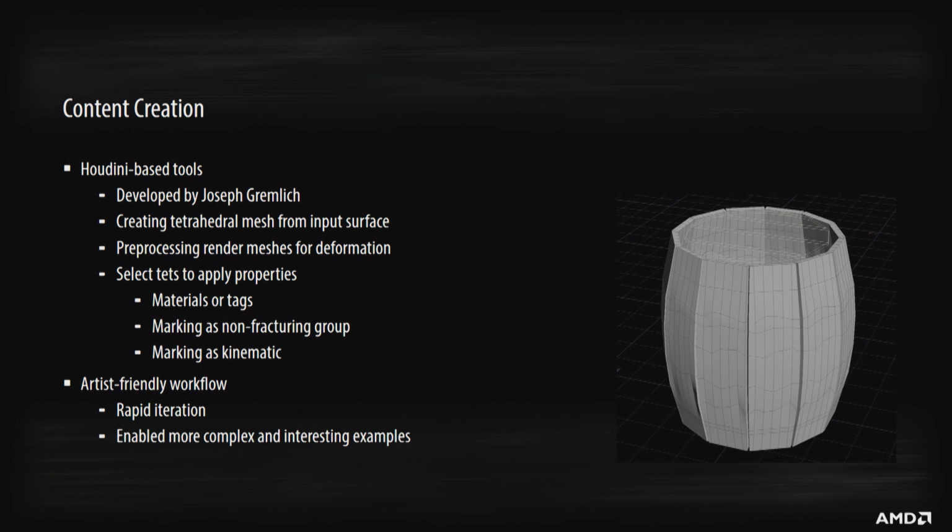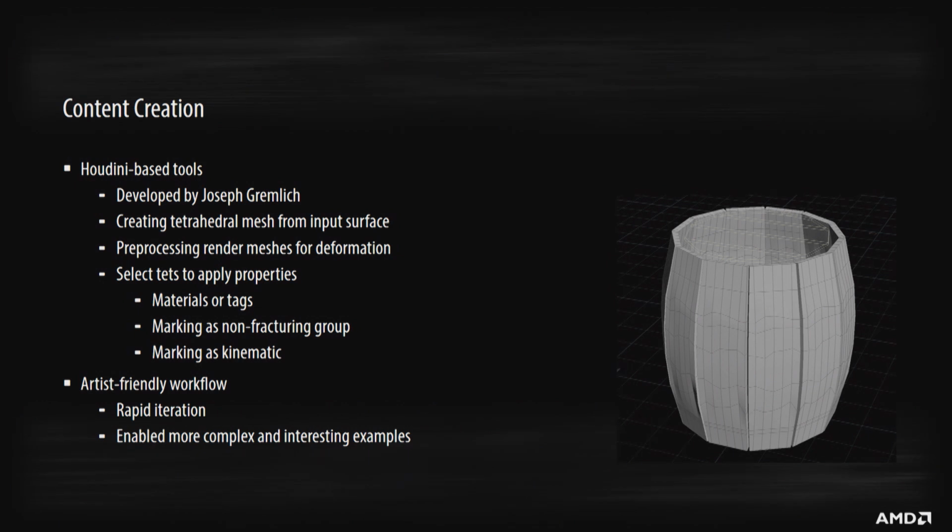I mentioned the tags before, but in the authoring tools you can select a group of tets and do a lot of different things to affect behavior. Apply particular materials to that grouping, mark them as the non-fracturing group I was talking about before, or mark them as fixed. Kinematic: as kinematic, they can be fixed or moved, but programmatically moved.